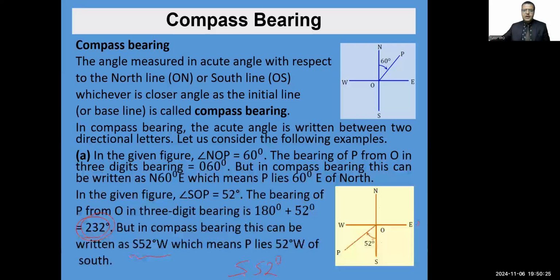S 52 degrees. Then this point lies towards the west, so we use W for west. So two things: the first letter will be either N or S, and the last letter will be either east or west.